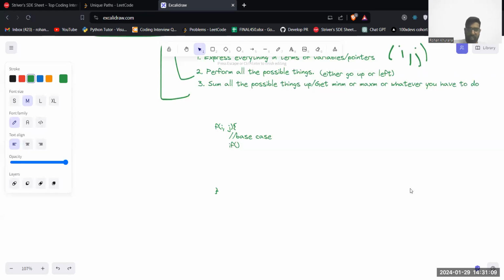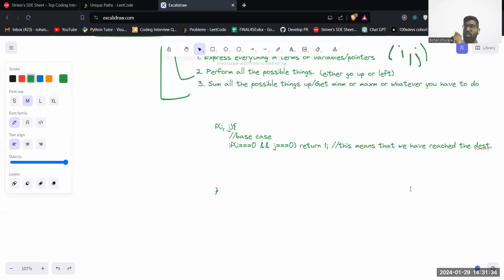If i is equal to 0 and j is equal to 0, return 1. What does this mean? This means that we have reached the destination. 0, 0 is our destination.